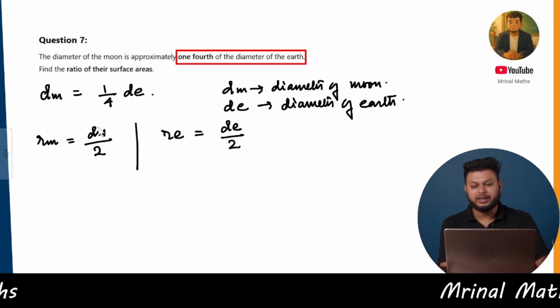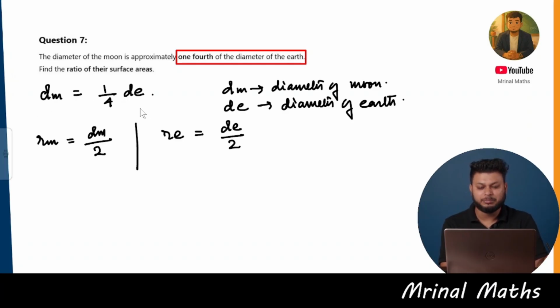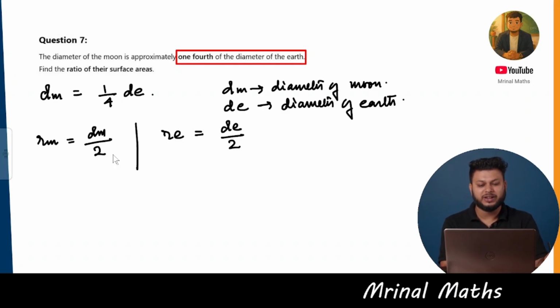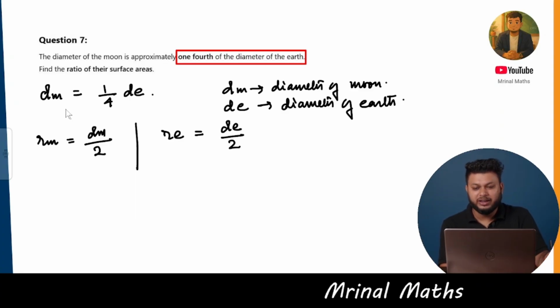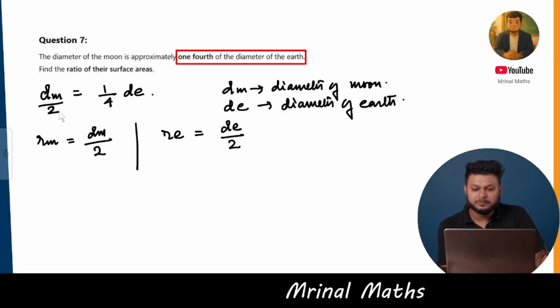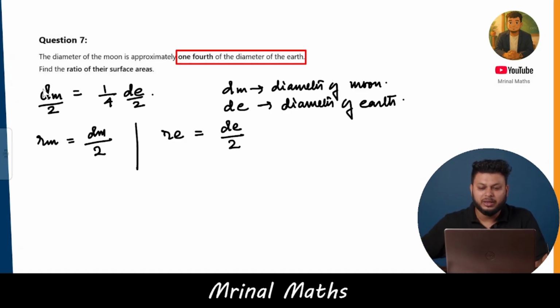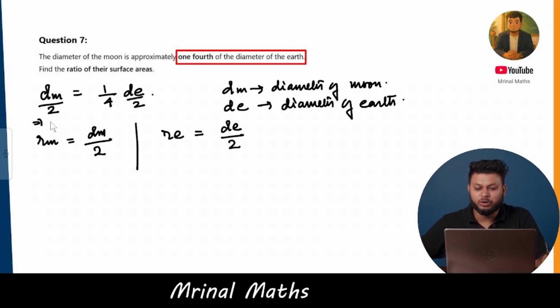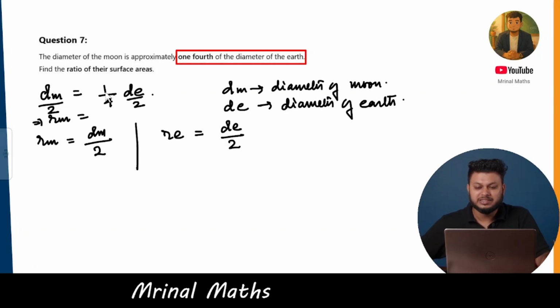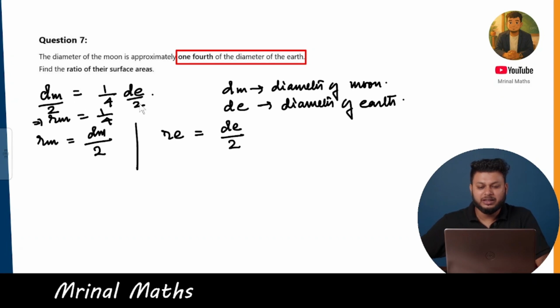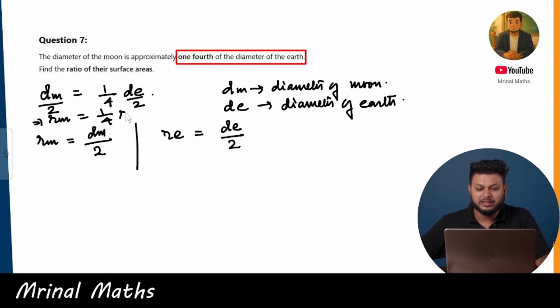So over here, if you observe this step, we know the radius is diameter divided by 2. So if I divide the actual equation out here, how does it turn out to be? dm by 2 is nothing but your radius of moon, is equal to 1/4, de by 2 is nothing but your radius of earth.